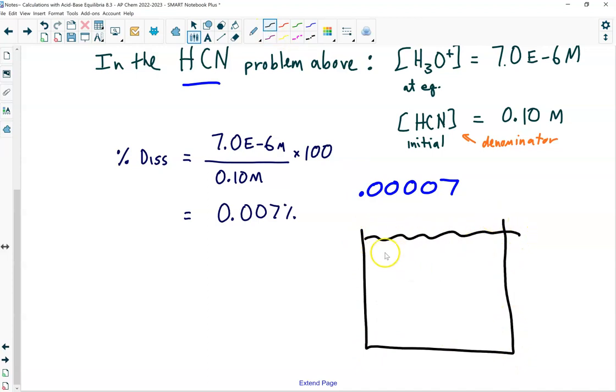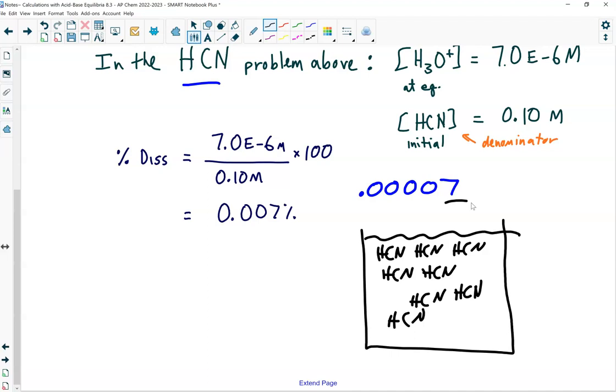What this means is at equilibrium, it's almost all HCN, and then 7 out of 100,000 of those HCNs has dissociated.